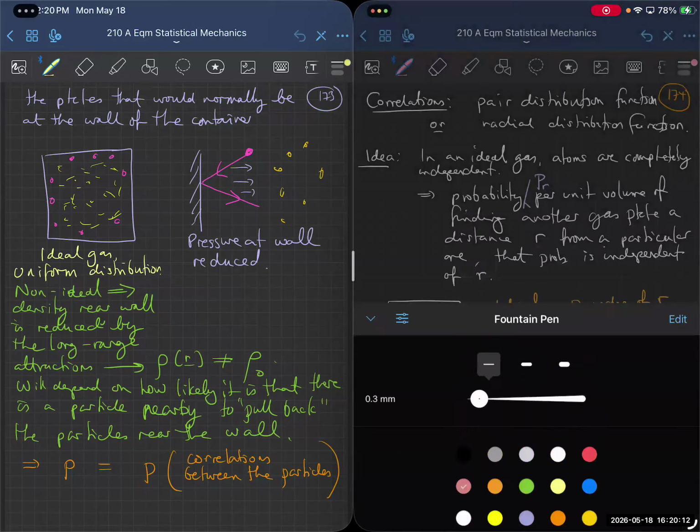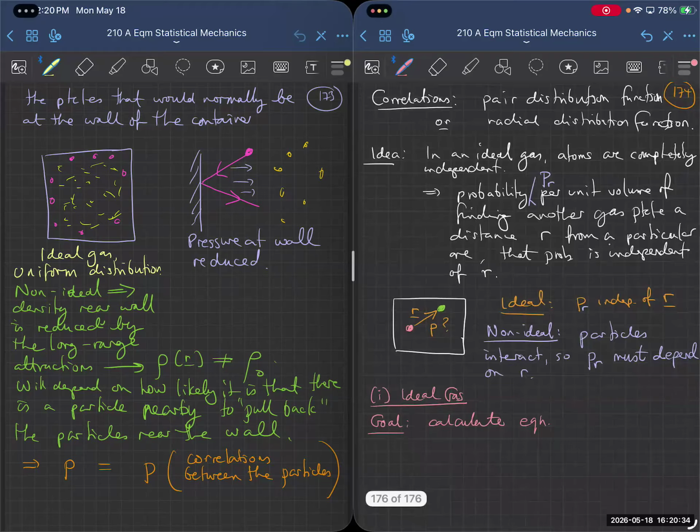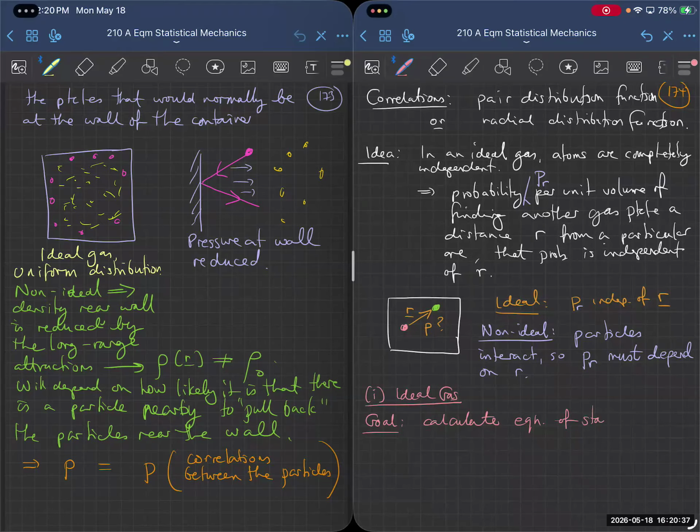So let me start off by showing you how we can use the virial theorem to calculate the equation of state of an ideal gas. So the goal in this section is to calculate the equation of state for an ideal gas using the virial theorem.